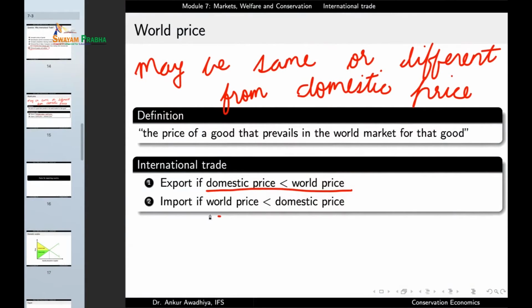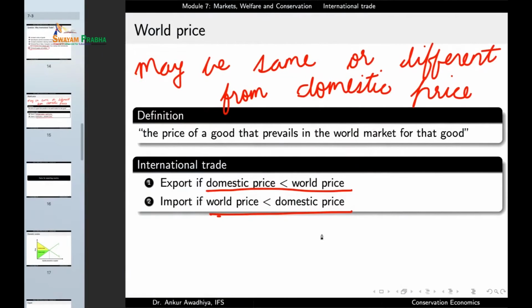Similarly, if the world price is less than the domestic price, it means that for that particular good, our industries are not that efficient. They are not able to make things at that lower cost than is available in the world market. So, in that case, if we imported those goods, then we would be able to provide those goods at a much cheaper price to our citizens.